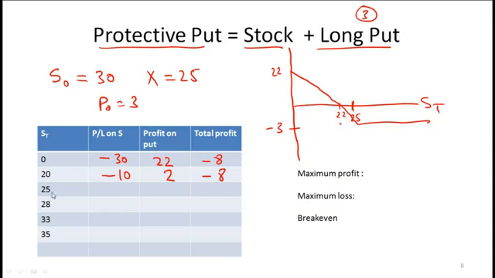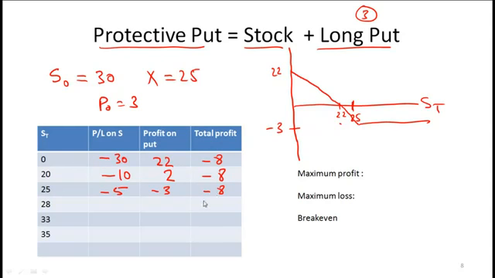And similarly, you can see that if the stock price is 25, then our loss on the stock is 5. Our profit on the put is minus 3. So this is where the stock price is at strike, and remember, we paid $3 for the put, so that represents a loss, and the total loss again is 8.